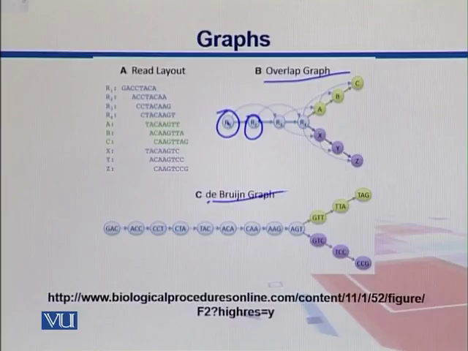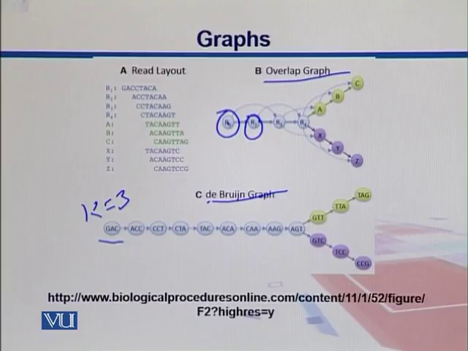In de Bruijn, we take the reads and then take small parts of the reads. Here, for example, our k-mer size is equal to 3, so we can have 3 nucleotides coming from each read. A read may be 100 nucleotides, but we can divide it into almost 33 or 34 fragments, where we start with nucleotide number 1, then move to the next position, nucleotide number 2, and in this way we have chunks of 3, 3, 3 coming from those reads.